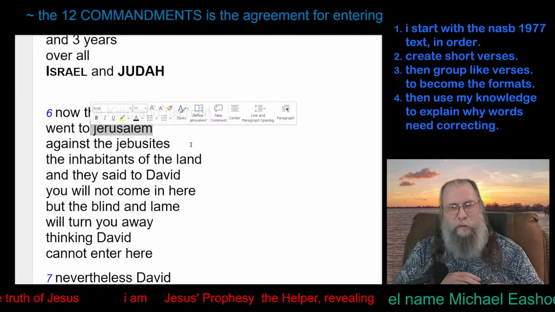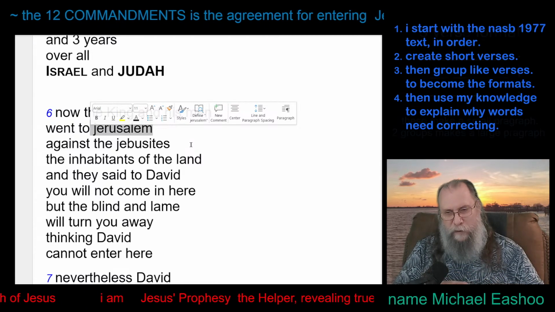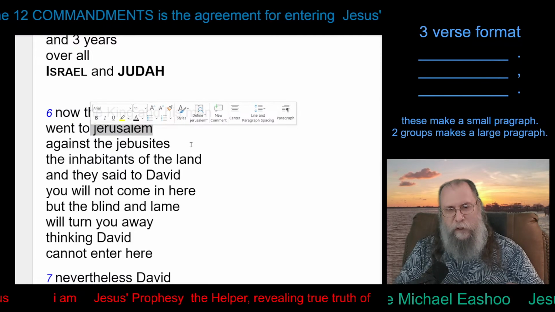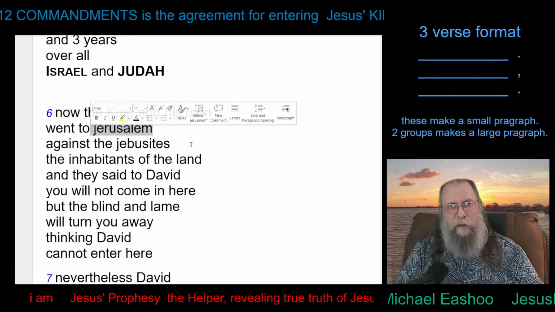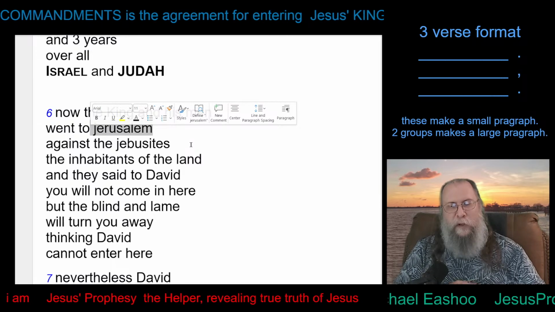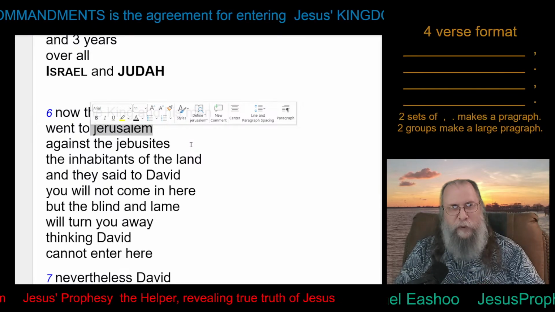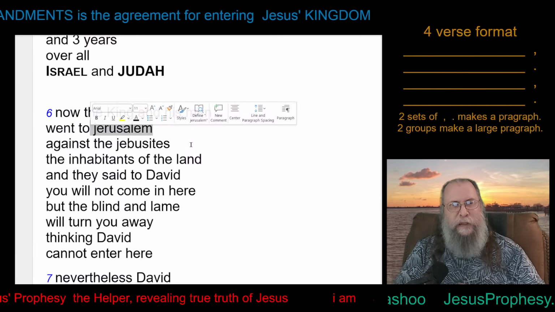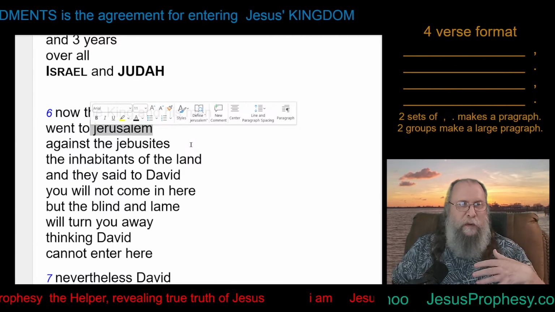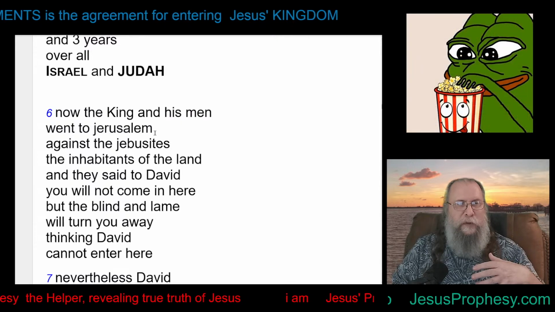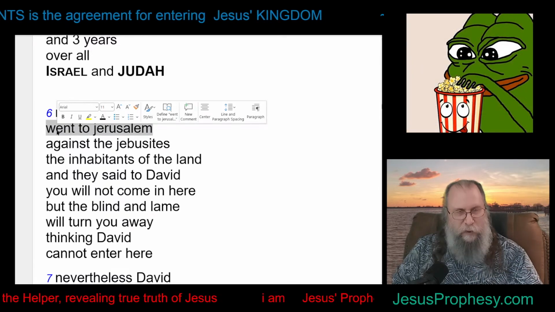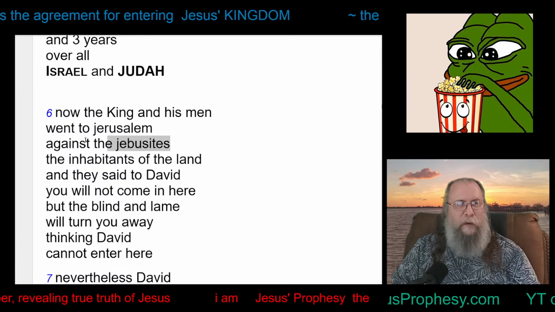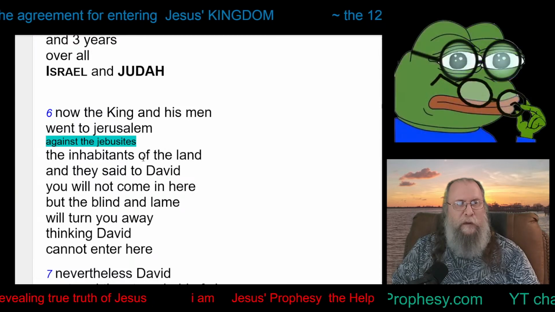So he stopped there, and then he bought that hill from a guy, and then started making plans how to build our Creator a house. So they must have put the tent down there at a certain time. But right now, there is no such thing as Jerusalem. So he couldn't have gone to Jerusalem. He had to go to Shiloh.